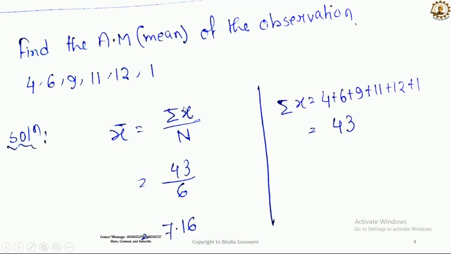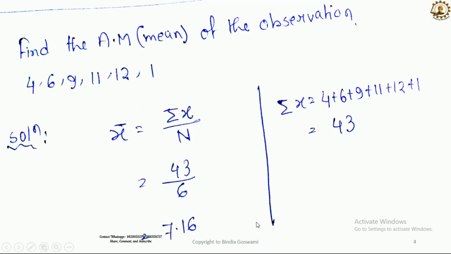X bar equals summation x by n, and the sum of all these values is summation x, that is 4 plus 6 plus 9 plus 11 plus 12 plus 1 equals 43. That is 43 by 6 equals 7.16. This is the without frequency mean formula.